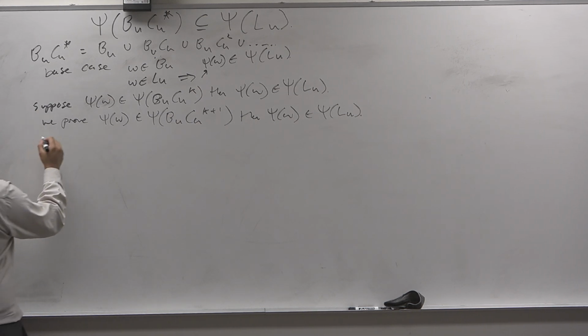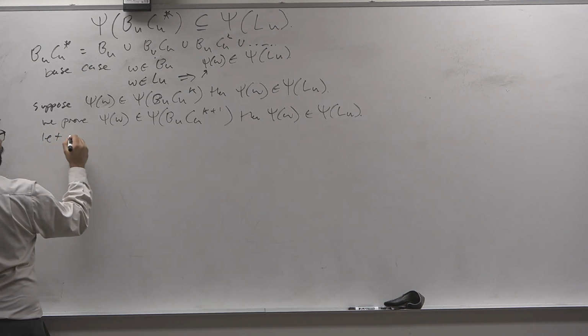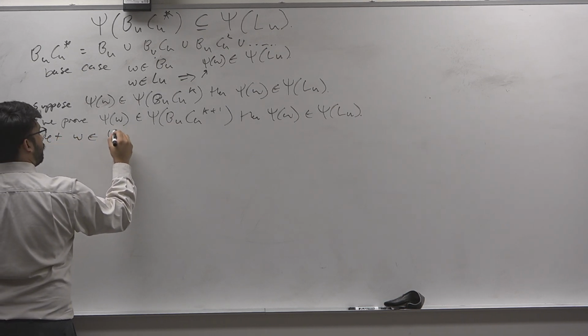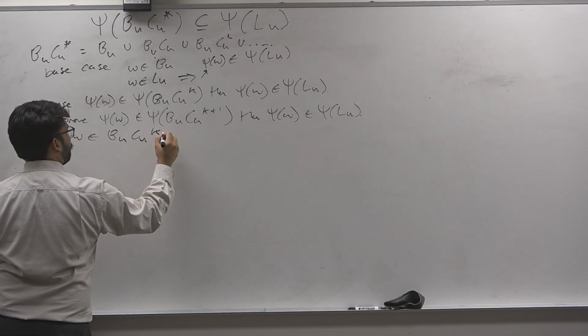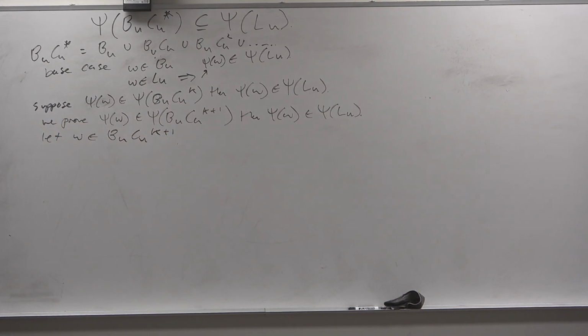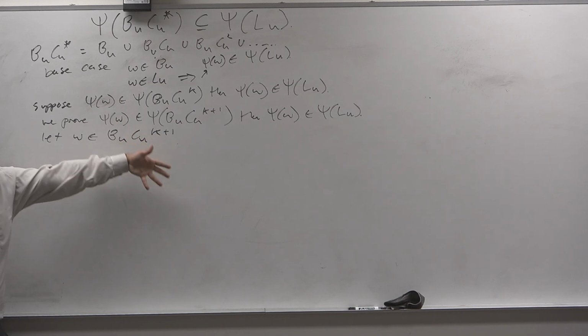So, in fact, rather than assuming the frequency, just let W be an element of BU CU to the K plus 1. What do you know about W here? Well, inductively, there's a BU CU to the K here, and then there's an extra CU, right?